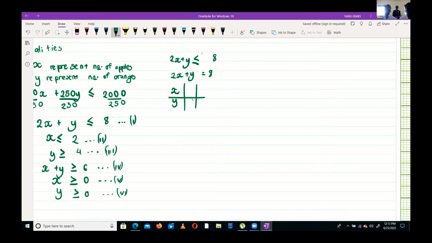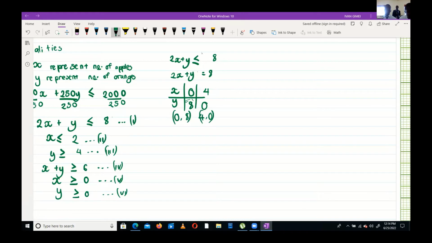When x is 0, when we substitute it in this equation, we get that y is 8. And when y is 0, we get that x is 4. Therefore, our two coordinates to plot on our graph are (0, 8) and (4, 0). That is our first line.